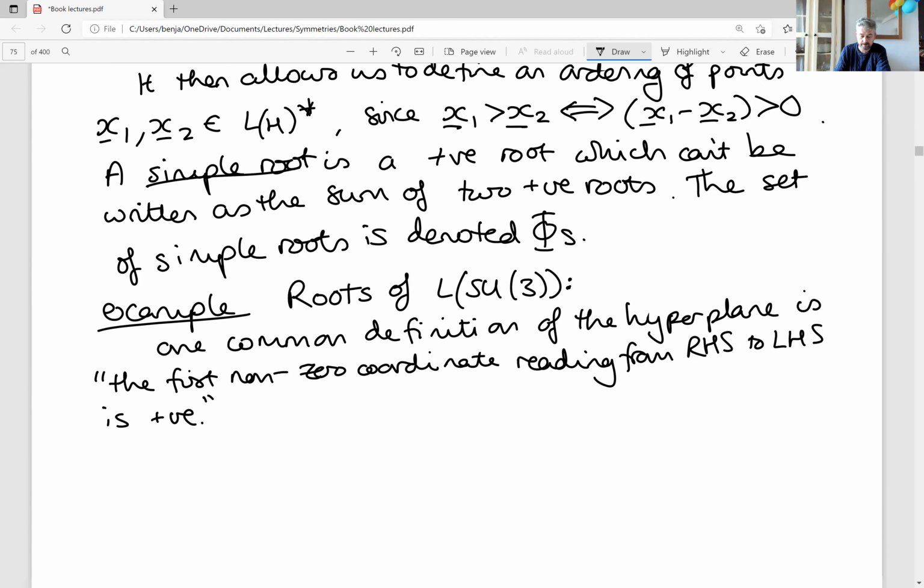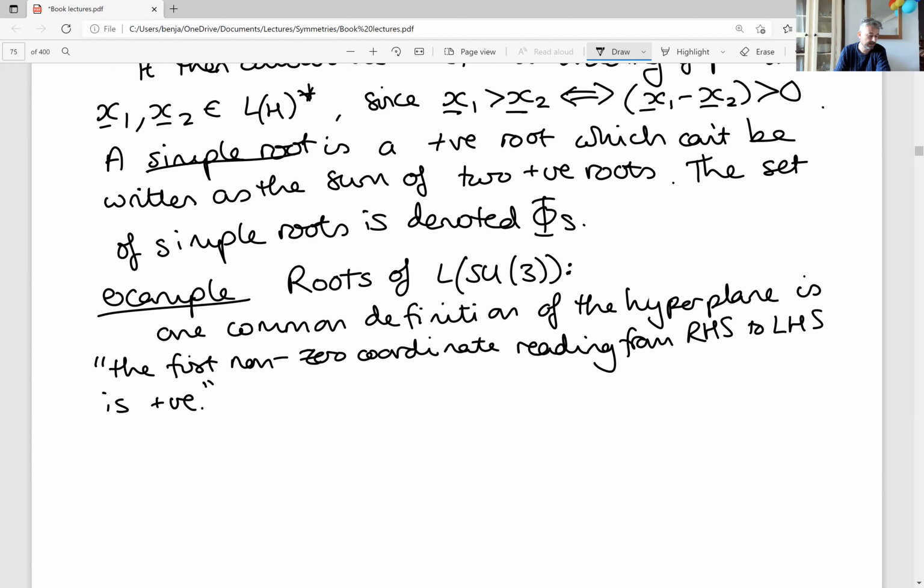Now I'm going to show you probably next lecture how to derive the following roots of SU3, but for now we'll just take them as given.